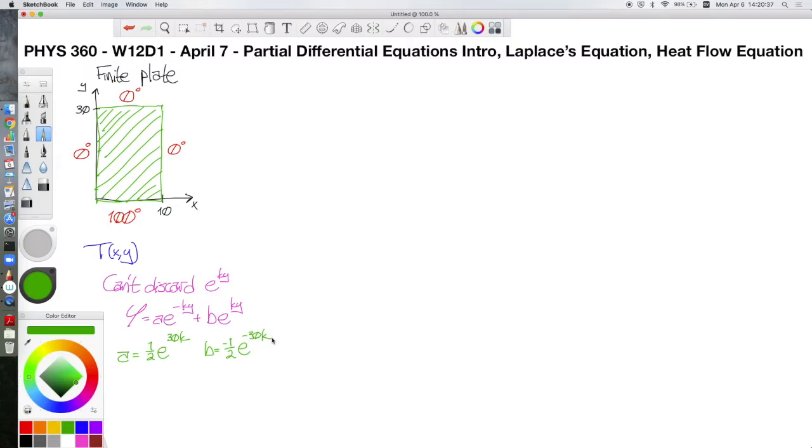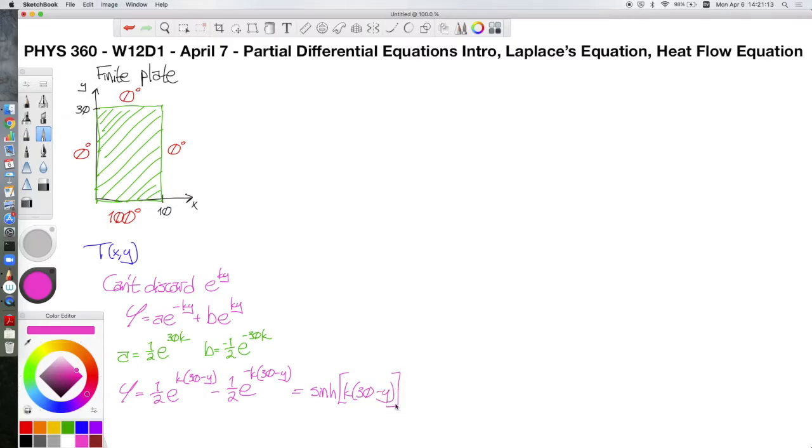And with these values for a and b, we get the function y is equal to 1/2 times e to the k times (30 minus y), minus 1/2 times e to the negative k times quantity (30 minus y). And it will turn out that this whole thing is just the same thing as the sinh of k times (30 minus y).